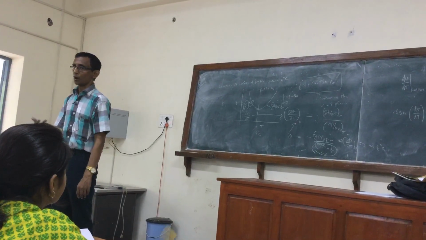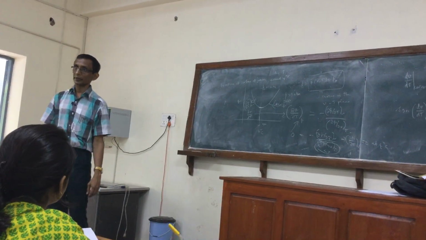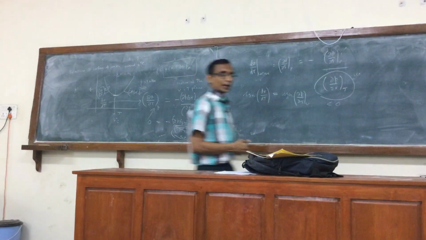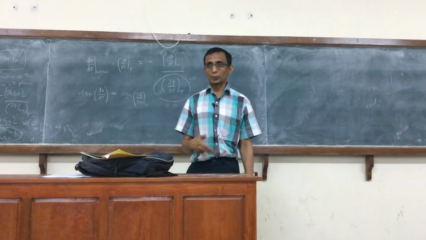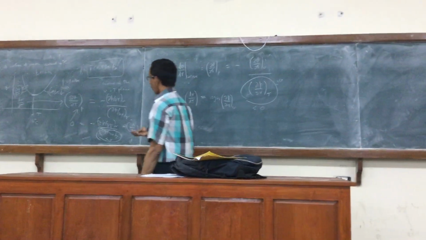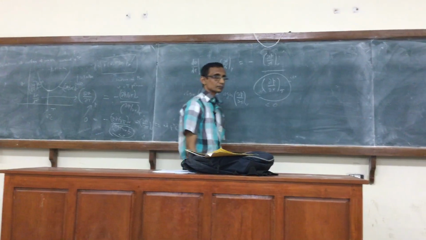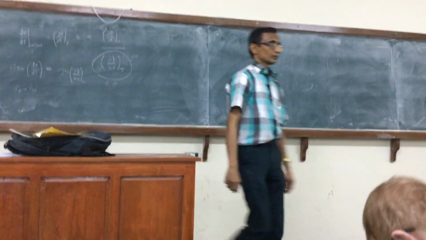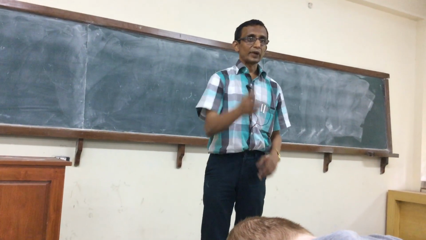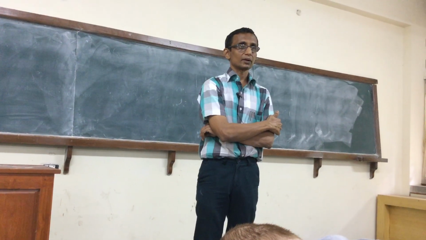So the equation of state for water around 4 degrees should reflect these properties. Otherwise it cannot describe this very complicated property. It doesn't happen for most substances. But what can you say about Cp minus Cv? We have expressions for Cp minus Cv.